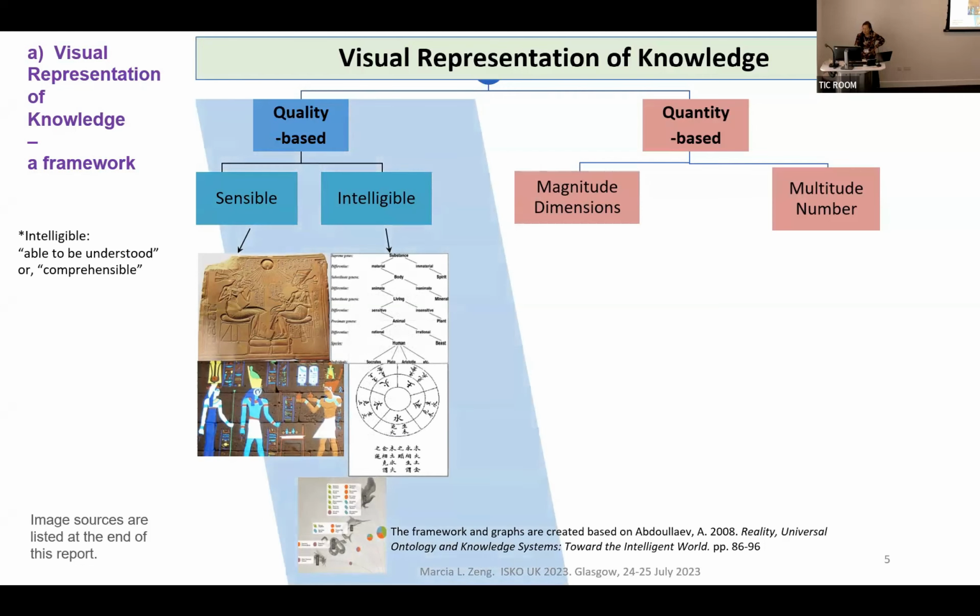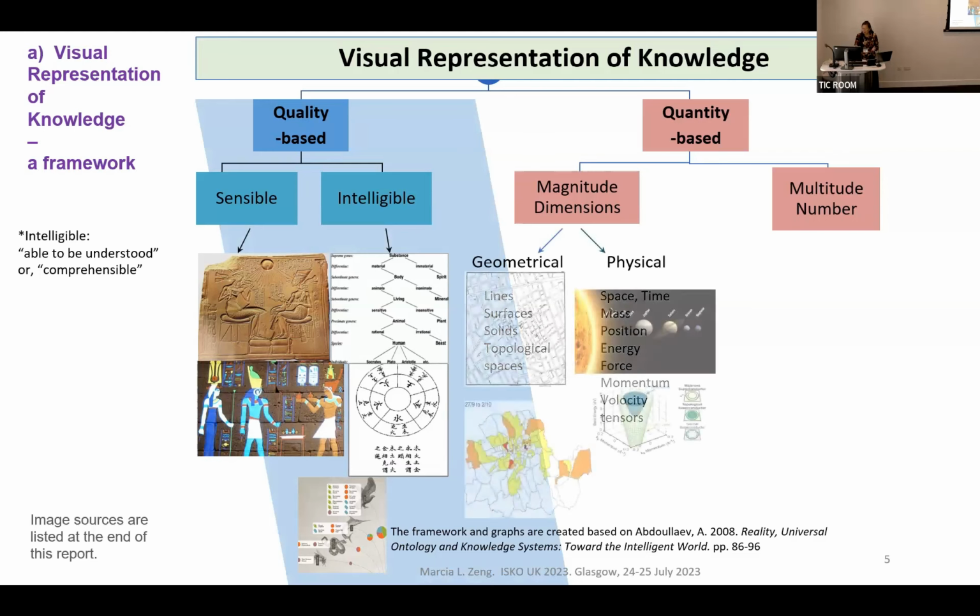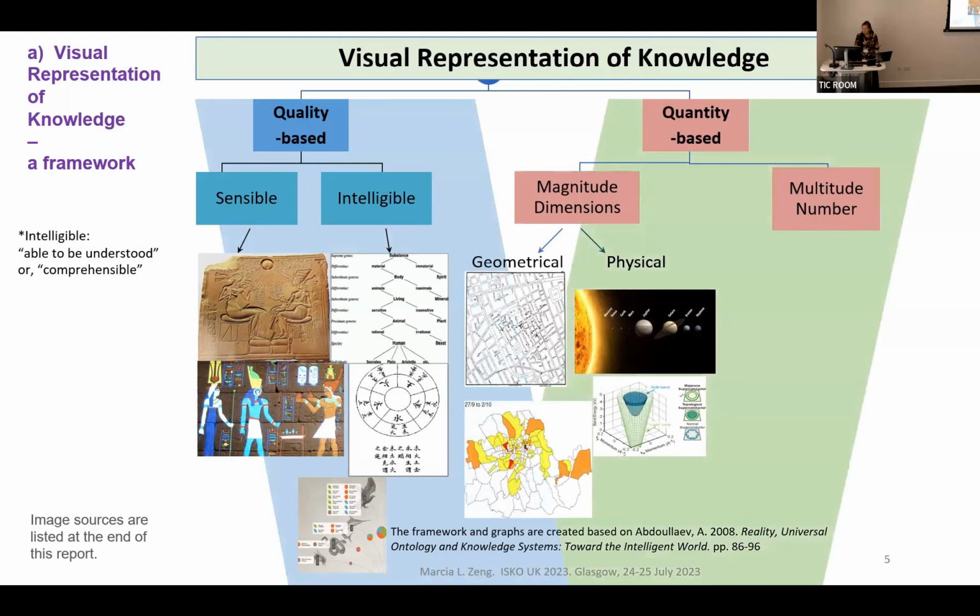The quantity-based has two main parts. I won't spend time to explain that, but in general, the geometrical versus physical, and the multitude, number, aggregate numbers.